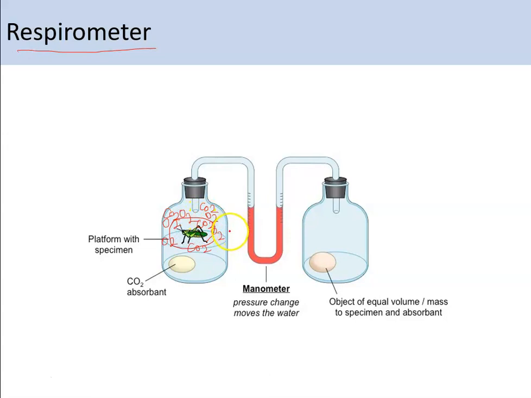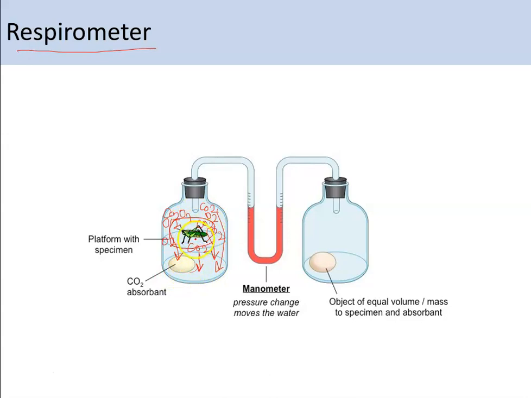The purpose of this carbon dioxide absorbent is that it absorbs the carbon dioxide produced by respiration. The only thing remaining to be used by the insect is oxygen. Once the oxygen is absorbed by the insect, the carbon dioxide goes here.